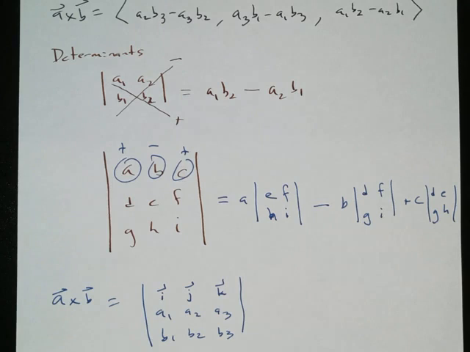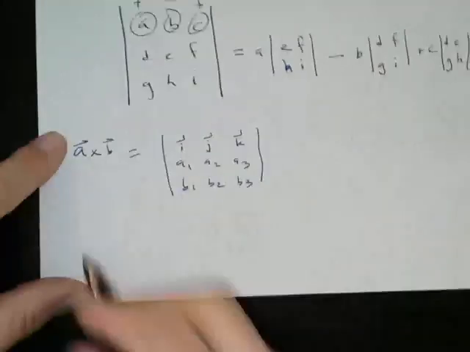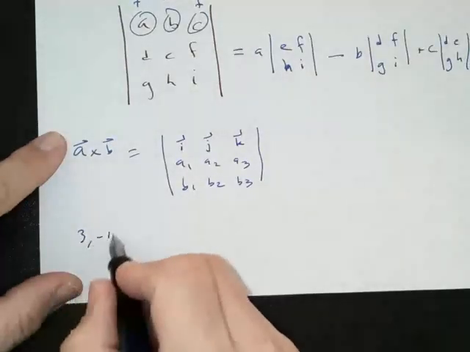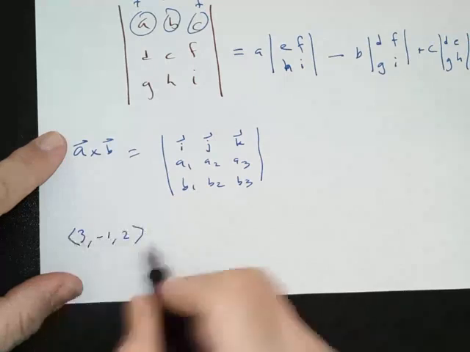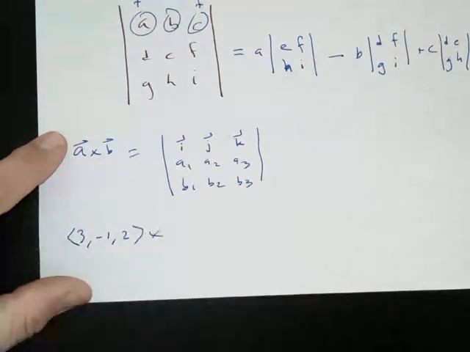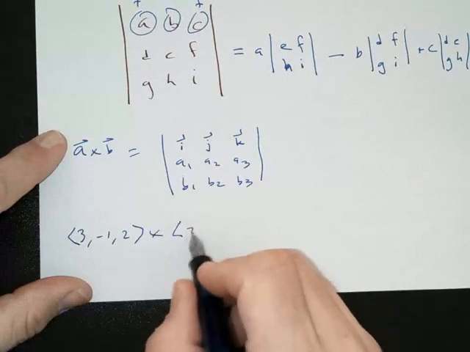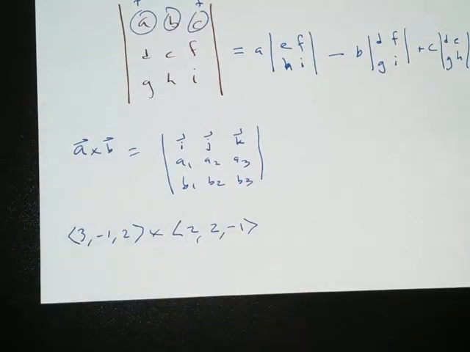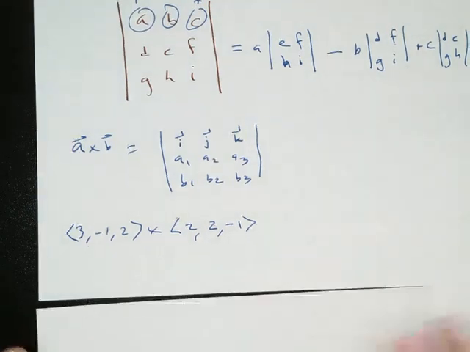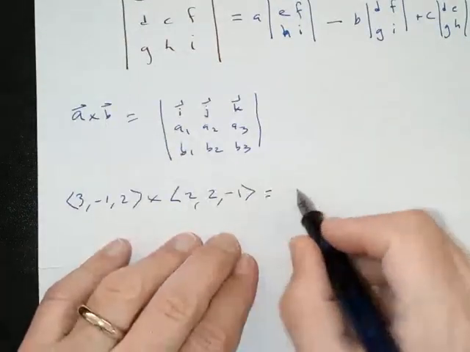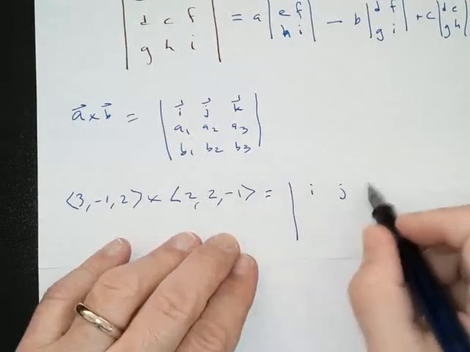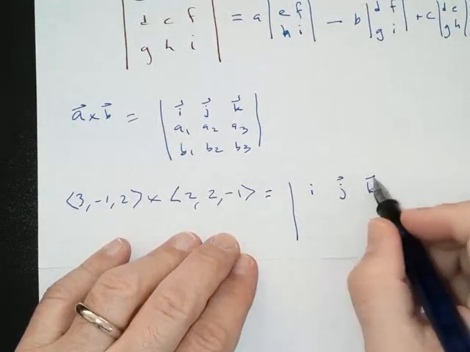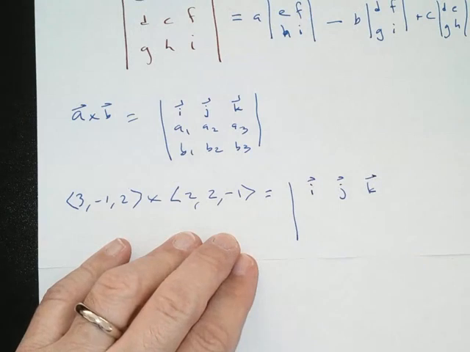So, an example. Let's do <3, -1, 2> cross <2, 2, -1>. So the first thing I do is write in my unit vectors in the top row.